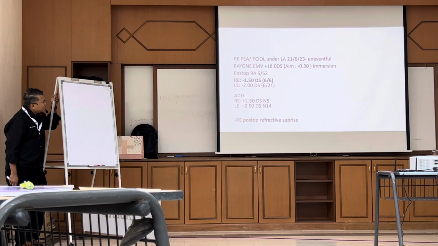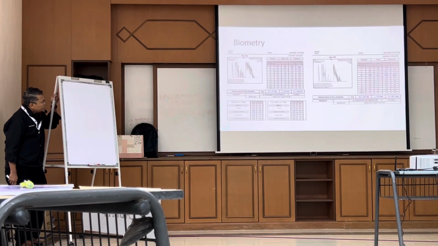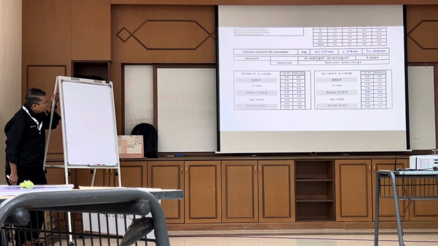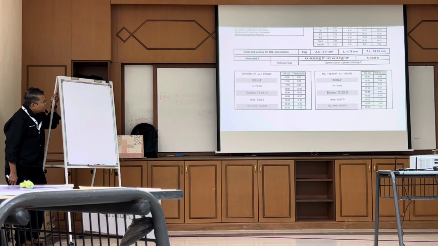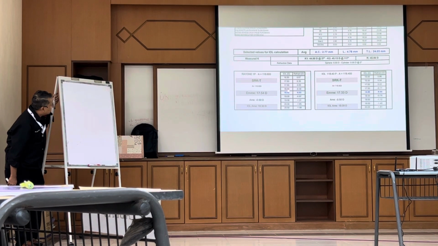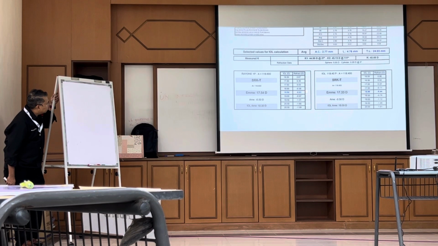Right eye, 18. 18, minus 0.3. Yeah, 18. So I aimed for minus 0.3 here. Because I had a hyperopic shift, that's why I chose this one. But then I got minus 1.5.